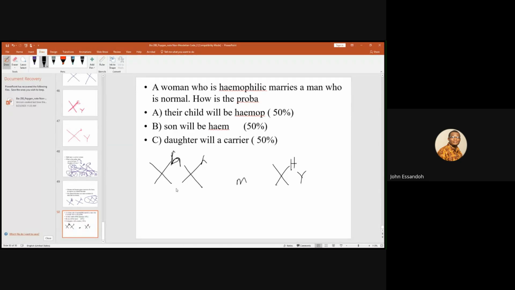Okay, so let's see the combo. We get H normal, h recessive from this and this one. Then this one and the Y, so we get h recessive here and the Y. Then this one and this one, we get H normal and then the Y. And then H normal, h recessive.